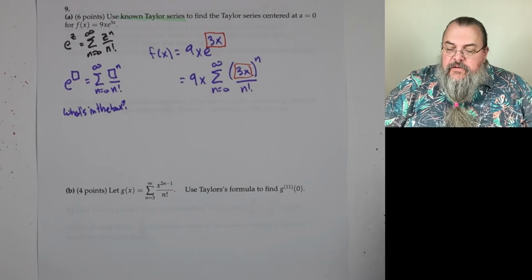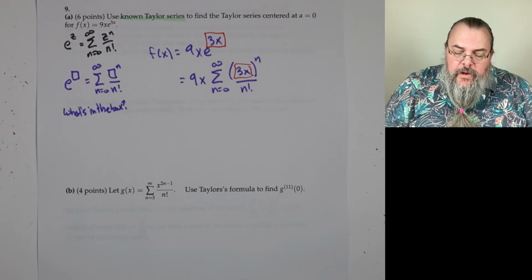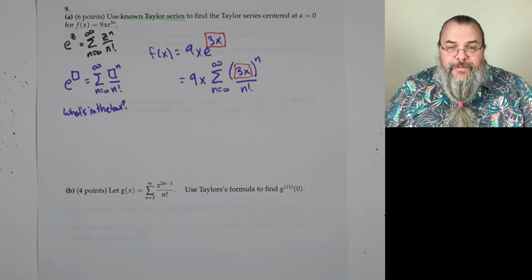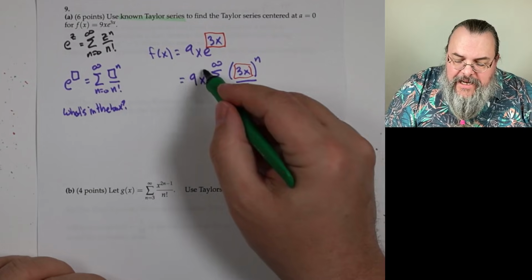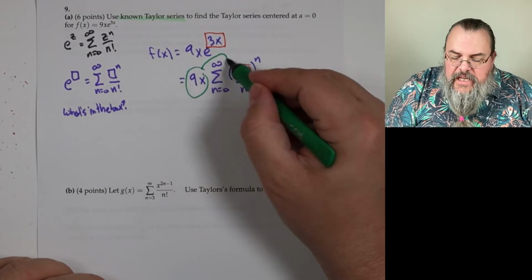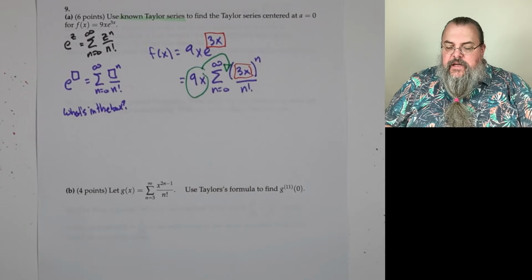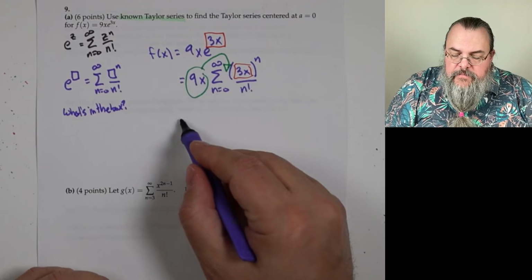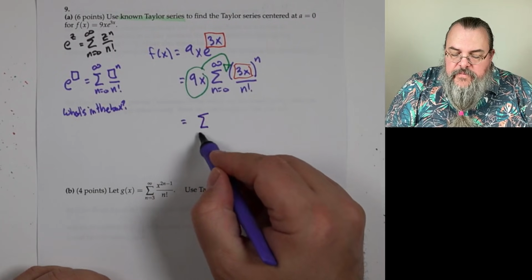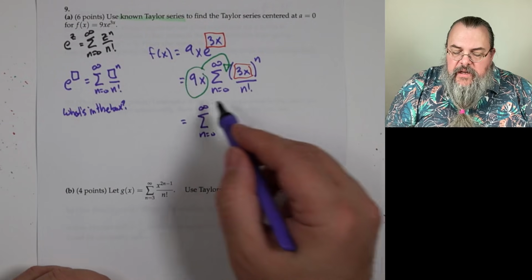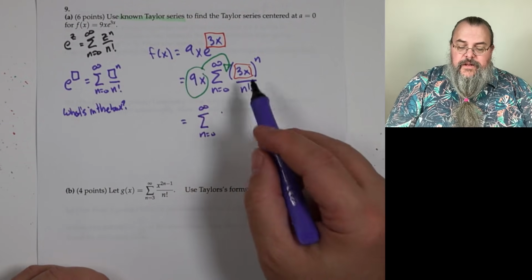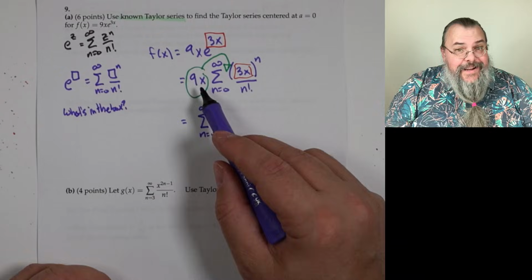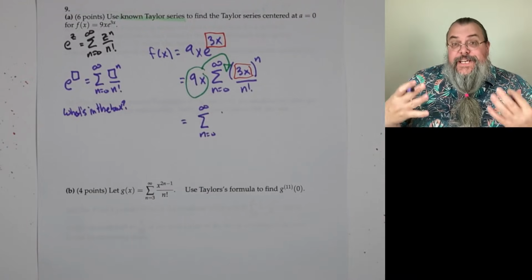Now this is good. We're going to do a little bit more here. Let me switch colors. I don't want to overuse my red. So I'm going to move that 9x in. If we do that, what do we have? We have a sum, n equals 0 to infinity, 9, and because I see there's a 3 there, I'm going to take advantage of the fact that 9 is very 3-ish.